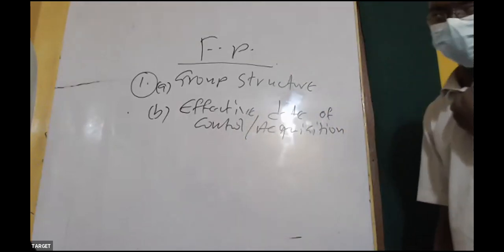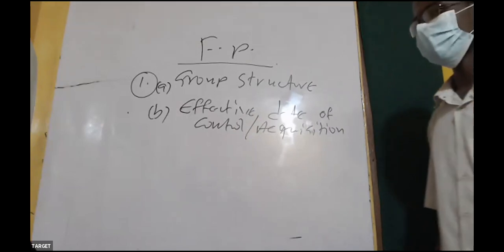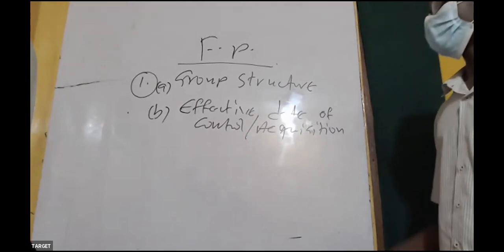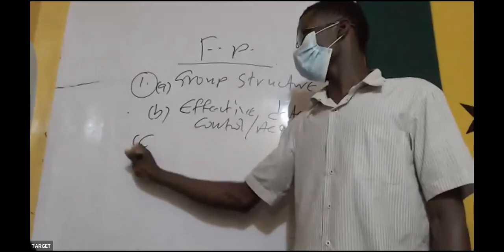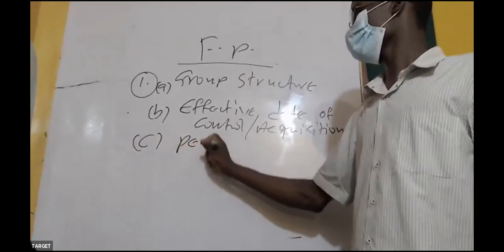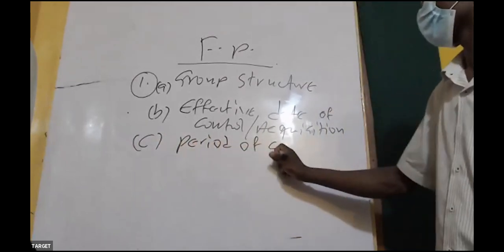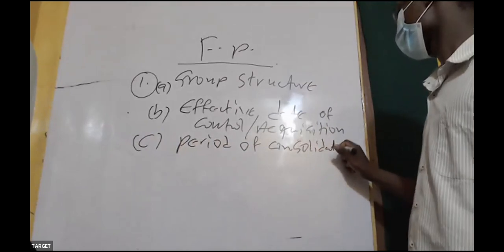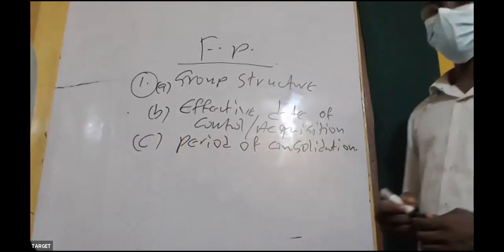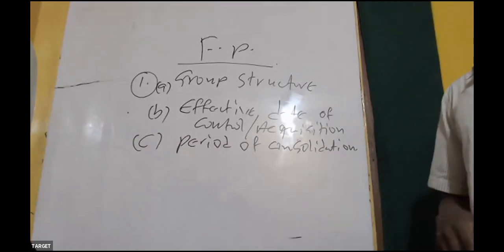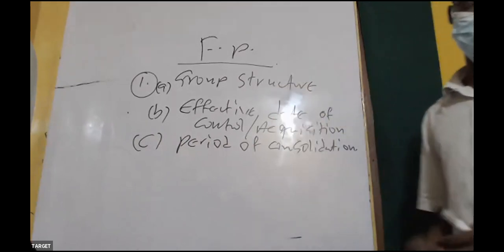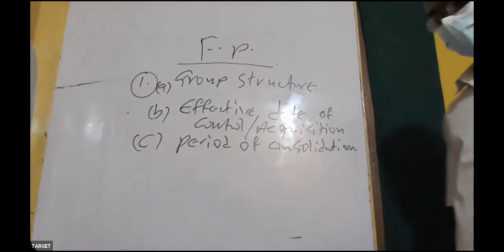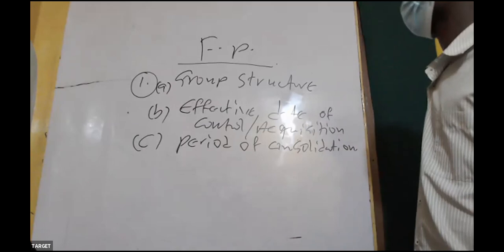And then the C talks about the period of consolidation. Are you doing the consolidation for a full year or just for a 6-month period or 9 months or more than a year? Tell us. So that's the first workings.